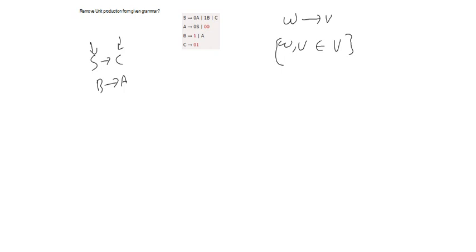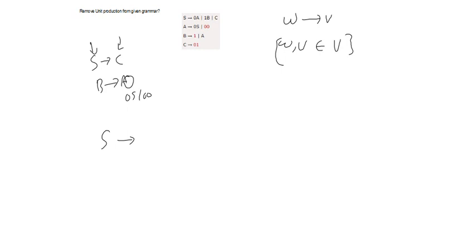So the resultant grammar becomes: whenever you are removing A, because B implies A is there, instead of A you replace it with its production rule, 0S slash 0 0.